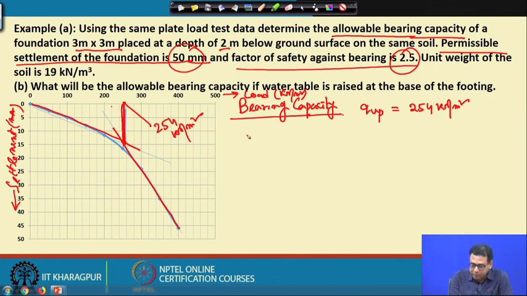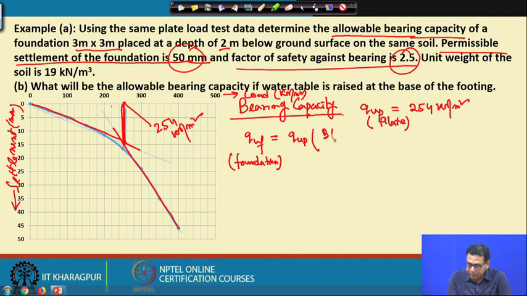So, now the QUF means the ultimate load for the foundation. This is for the foundation, this is for the plate. So, that will be QUP into BF divided by BP.